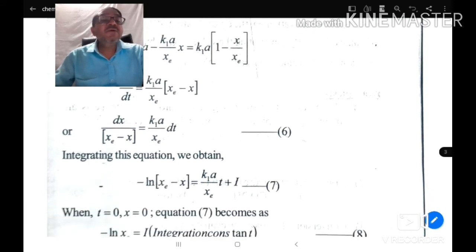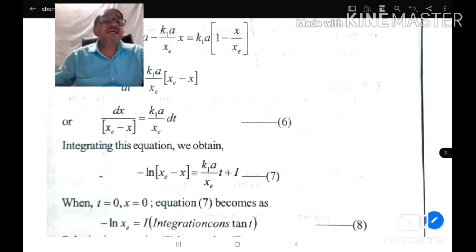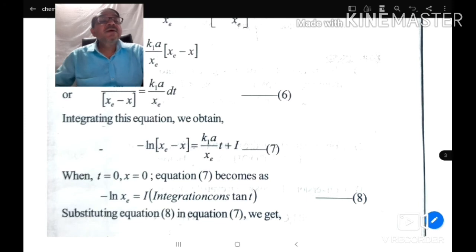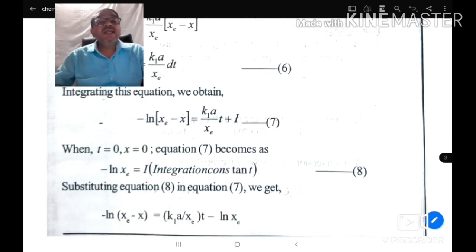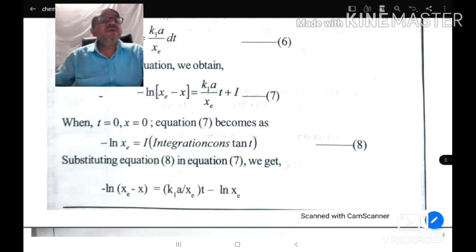Integrating this equation, we obtain minus log xe minus x is equal to k1 a upon xe into t plus I. Label this as equation number 7. When t is equal to 0, x is equal to 0, and equation 7 becomes minus log xe is equal to I. Here I is nothing but the integration constant. Substituting this equation 8 in equation 7, we get minus log xe minus x is equal to k1 a upon xe into t minus log xe.